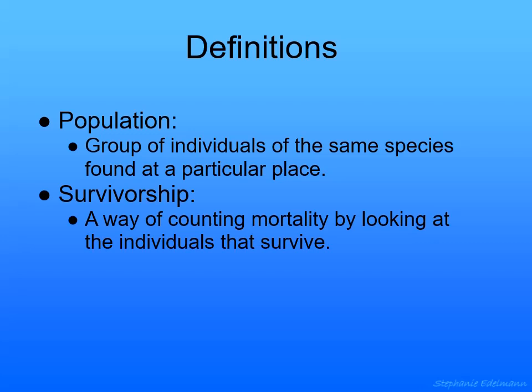So we're not looking at the dead ones, because sometimes it's hard to find the dead ones, they get eaten, they disappear. So survivorship is a way of looking at the ones that live. And the experiments we're going to be doing, we're going to be doing those by looking at the creatures. Well, they're not going to be creatures for us, but the things that survive.